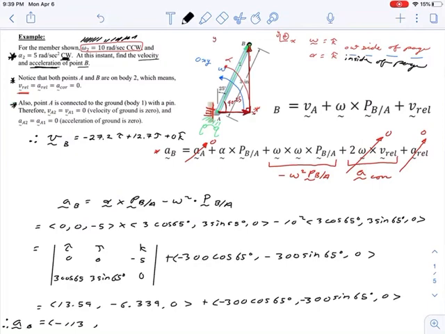And we get negative 6.339 minus 300 sine 65. We get negative 278, and 0 inches per second squared.